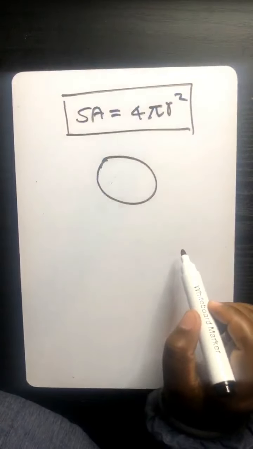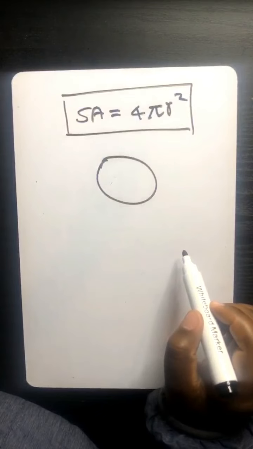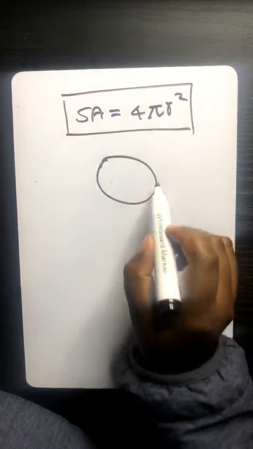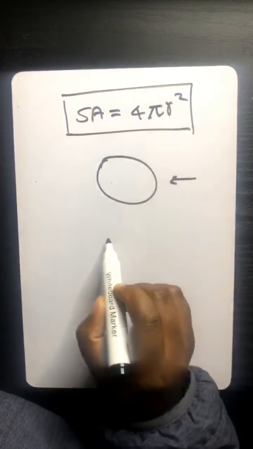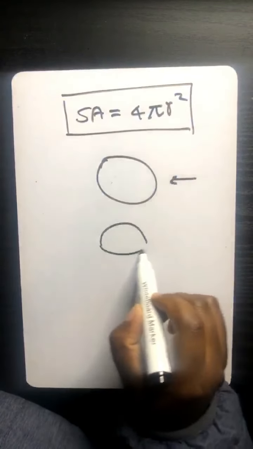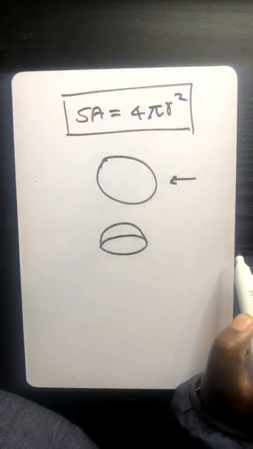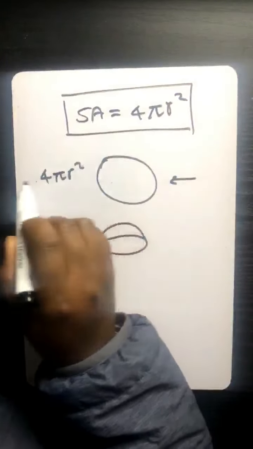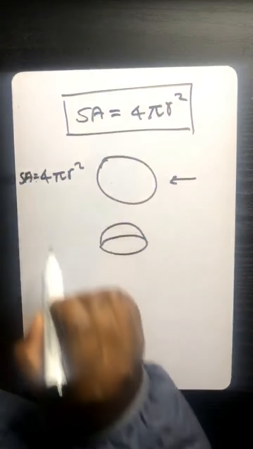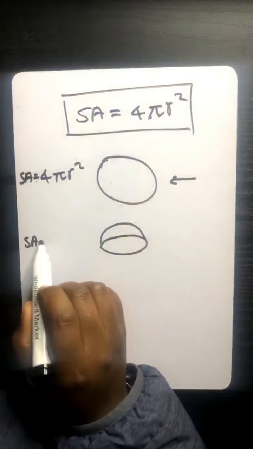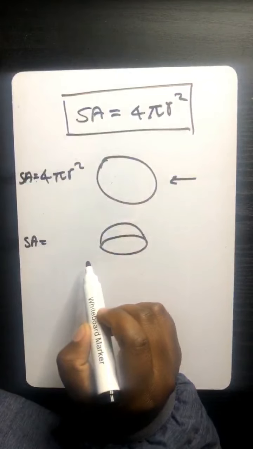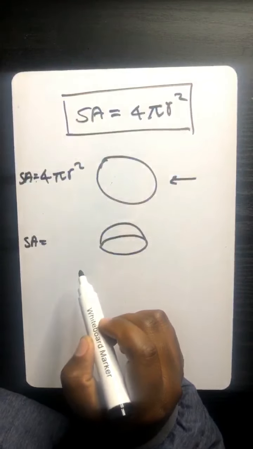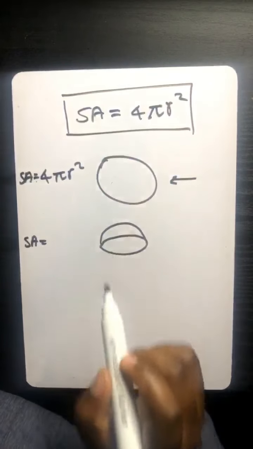But in our case, Lebogang, are we dealing with a sphere or half of a sphere? What are we dealing with? Half of a sphere.